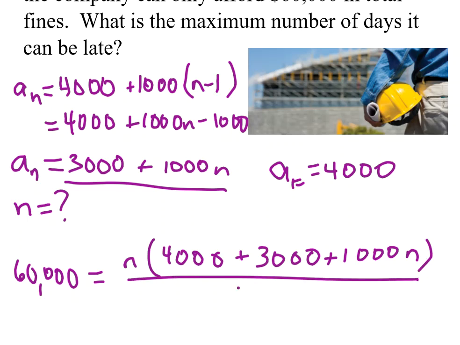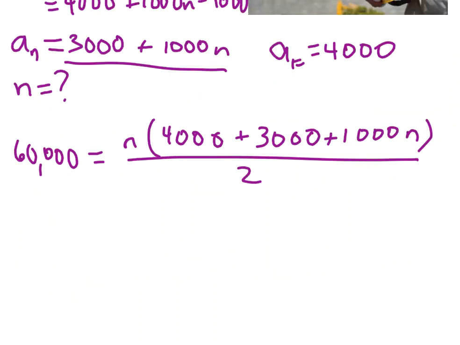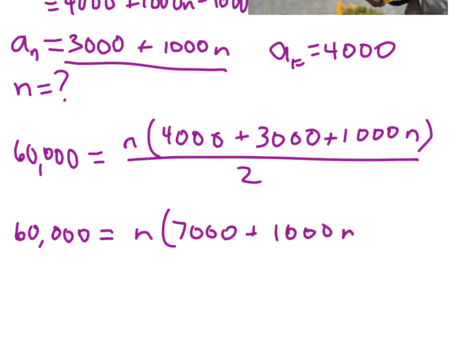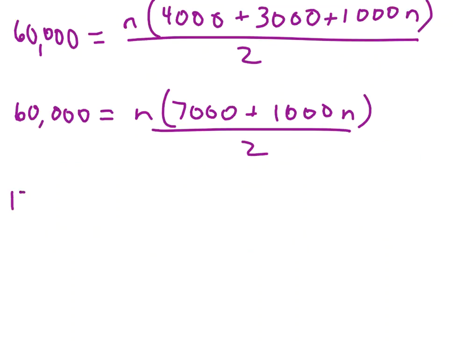And then I'm going to put that all over 2. Oh, 4,000 and 3,000 plus 1,000n, all over 2. This is creating a quadratic that I'm going to be able to solve. Isn't it wonderful that we did quadratics earlier this year so I can make this connection right now?